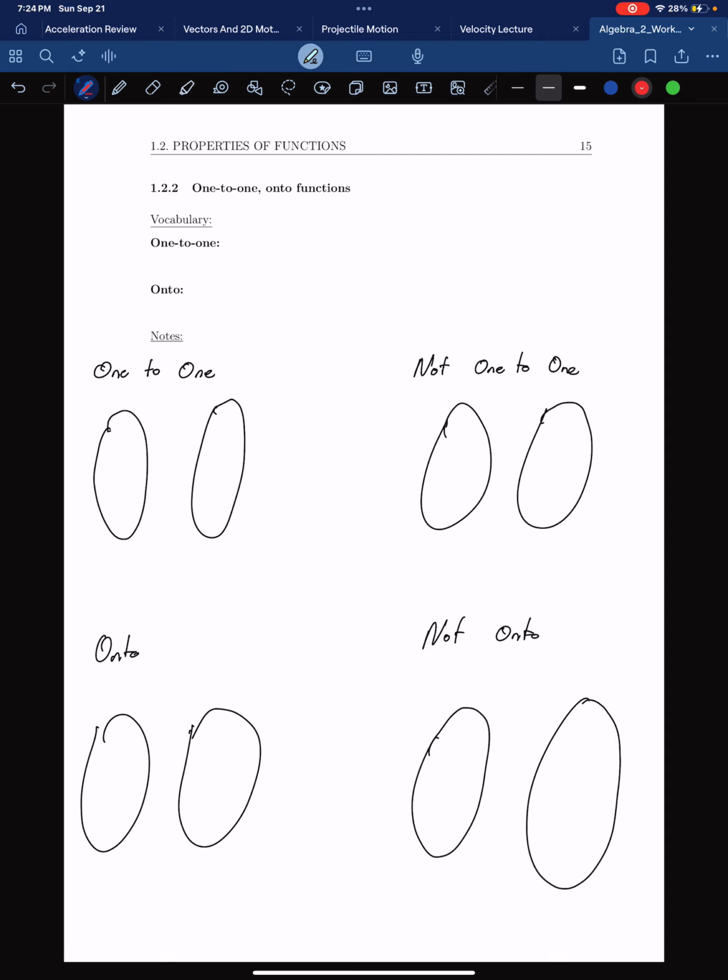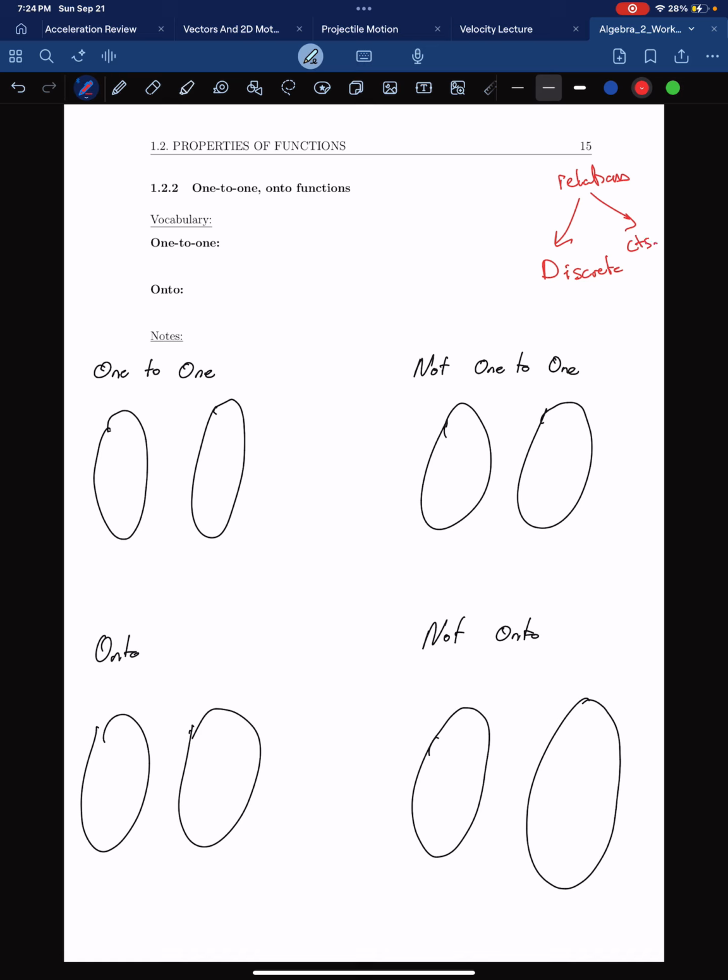So what's a one-to-one function? Like we have functions, then we've got one-to-one or onto. And these one-to-one or onto functions can either be discrete or continuous. Don't confuse that. Remember, relations, just a little recap. Relations, we have two types, discrete or continuous.